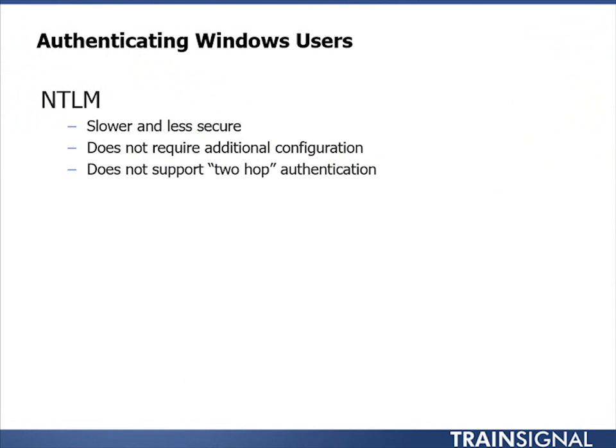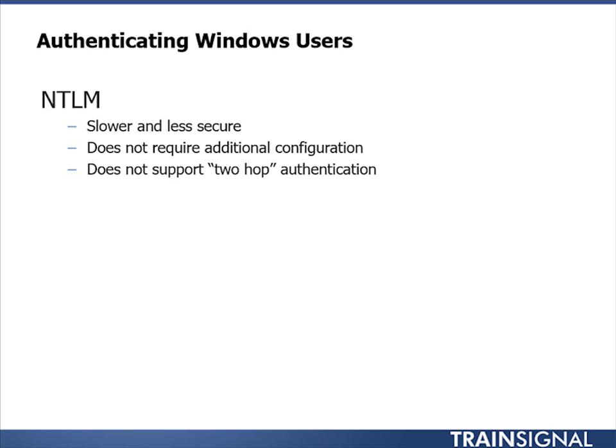Once we're authenticated to IIS and in turn to SharePoint by using Windows Authentication, there's the matter of our token and how our token is going to be created. And our token can be created using NTLM or using Kerberos. Now, NTLM, NT LAN Manager, is the old style way of handling authentication.